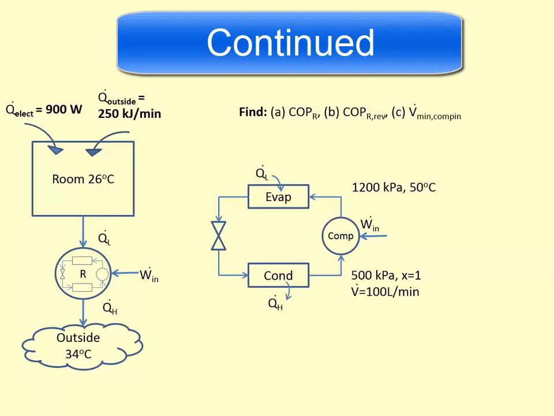So if we want to find the work in, we're going to have to look at the compressor and see what the inlet and outlet conditions are. So there's multiple steps to this problem, but we're combining some of the concepts and terms from Chapter 5 with Chapter 6. Okay, so we should be able to do it because we've learned all this stuff.